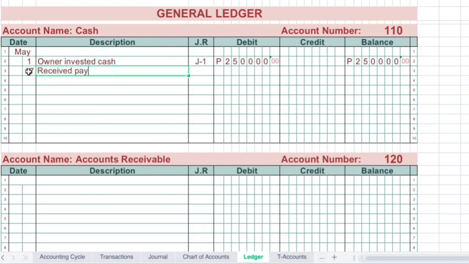Receive payment from customers. Still, that is on page 1 of the journal. We have 61,800. So, we receive it. So, that is positive. We debit that account.